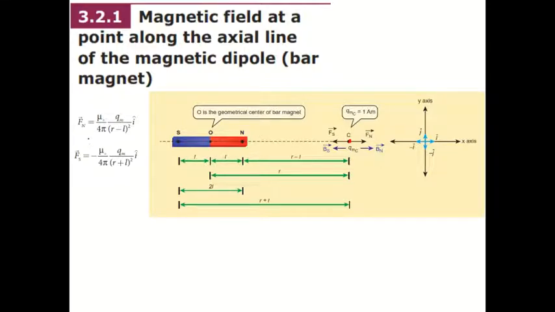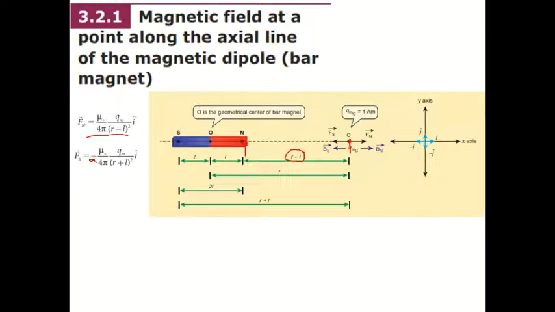So the formula is mu naught by 4 pi into Qm divided by R minus L the whole square, because the distance between N and C is R minus L. That's why they have used it. Do you understand? Now second, because of the south pole, it is having a repulsive force.